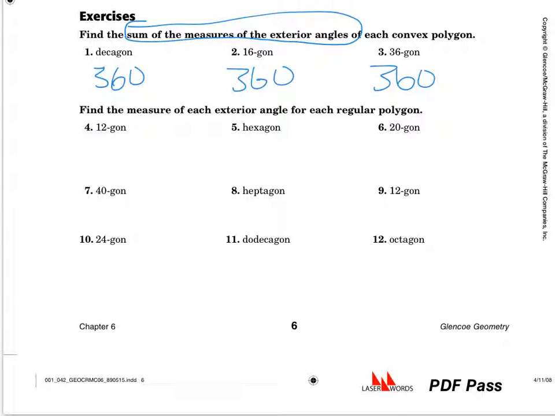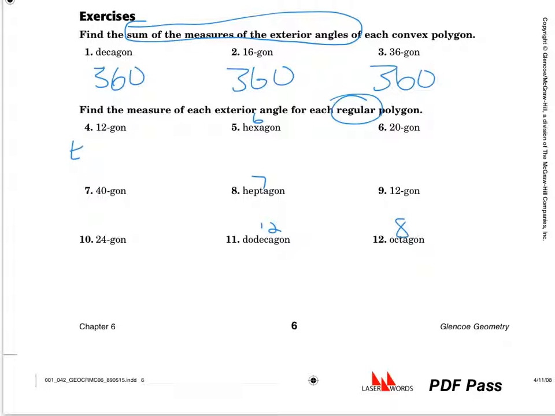Now, for these other ones, we need to know the number of sides, so I'll write these down really quickly as a review. 6, 7, 12, and 8. We can find these answers very quickly, because each exterior angle, if it's a regular polygon, remember it has to be regular, but it's always going to be in the directions, you just take that 360, the total, and divide it by the number of sides.